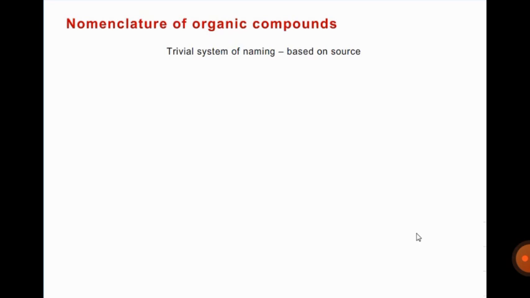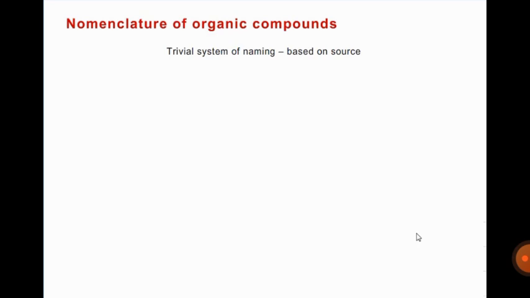Initially, there were very few organic compounds which were isolated and pure. For example, urea. Urea crystals were isolated from urine, so it got the name urea. And many other organic compounds.